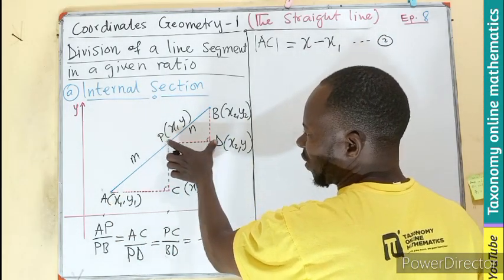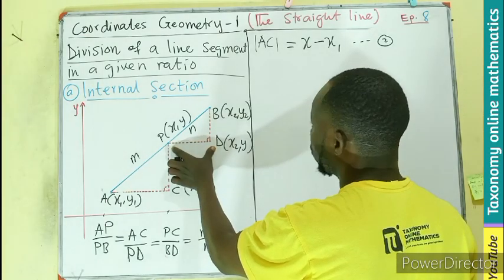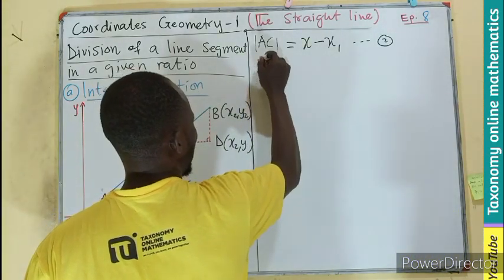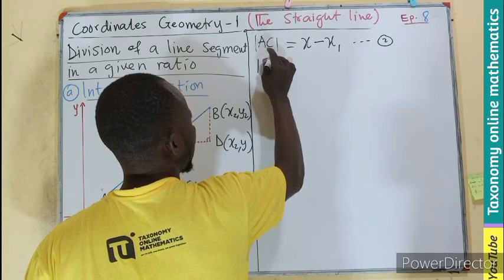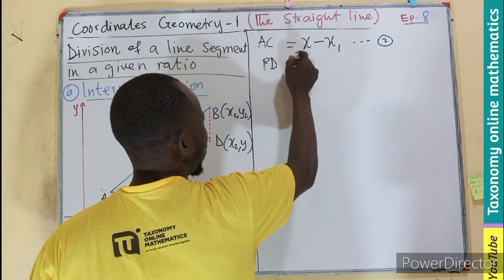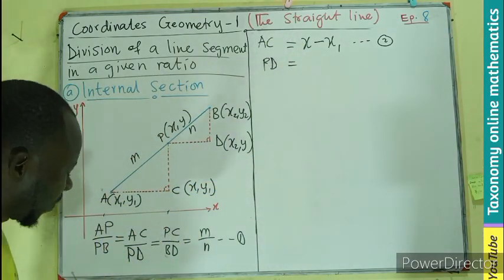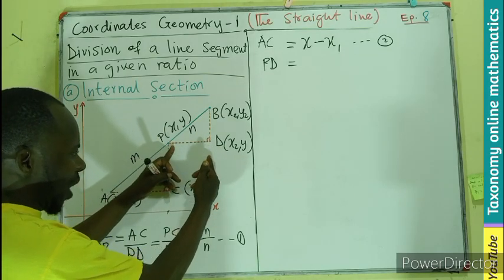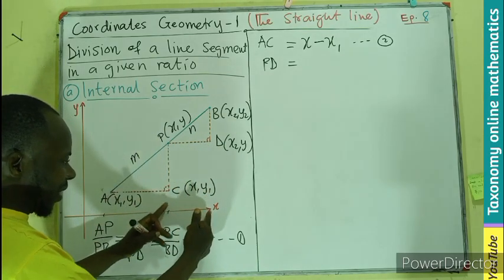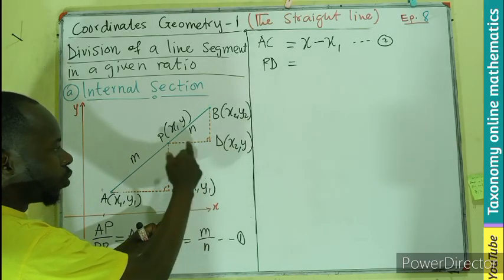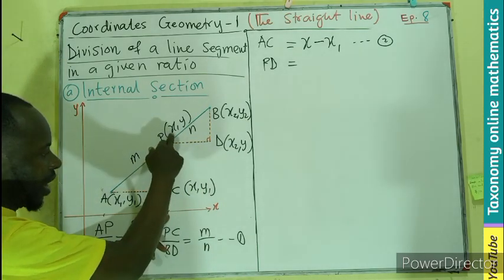So let me take the corresponding horizontal line. I'll also be finding PD. Let's find the length of PD. Okay, let me just use length, not magnitude. Now, how are we going to do it? We are looking for the distance here. So the x value first minus the second x value. What x value do we have? We have x2. What x value is here? We have x.